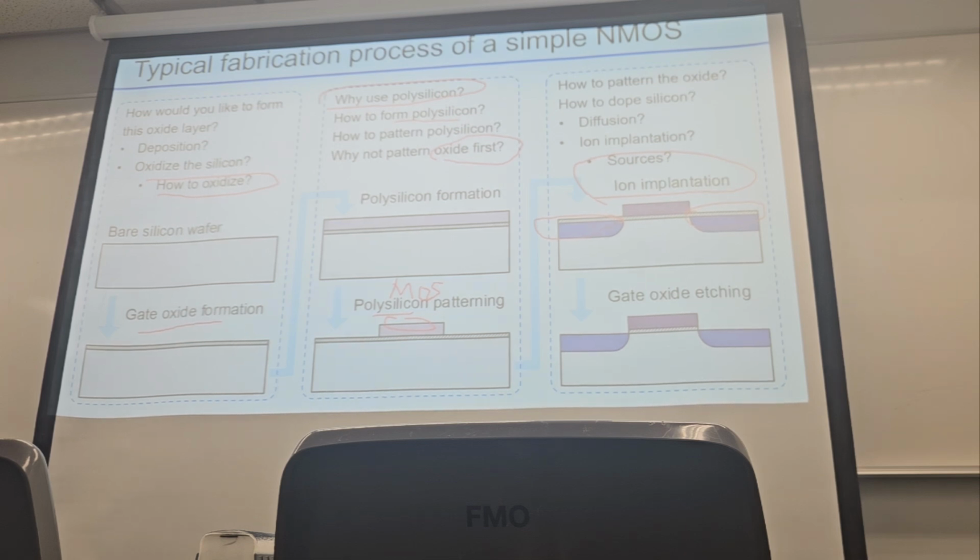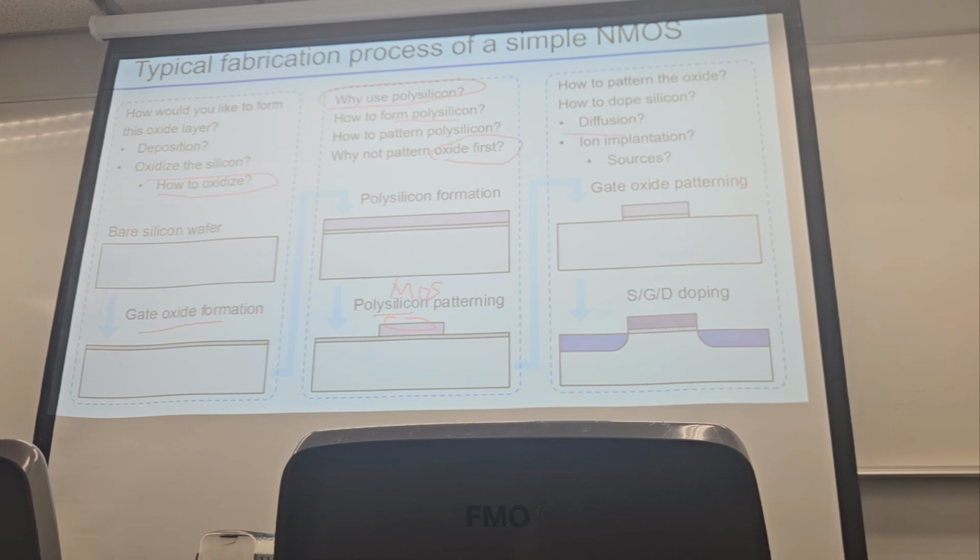So the dopant can be accelerated by the implanter to get sufficient energy to go through the thin silicon dioxide layer. So if we use ion implantation, we can do the implantation before the gate oxide etching. Do you see the difference between the diffusion and ion implantation?